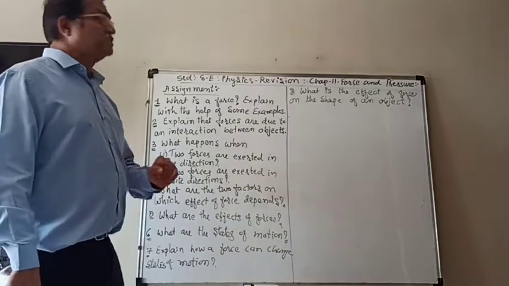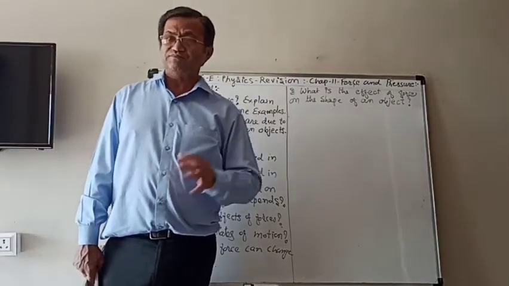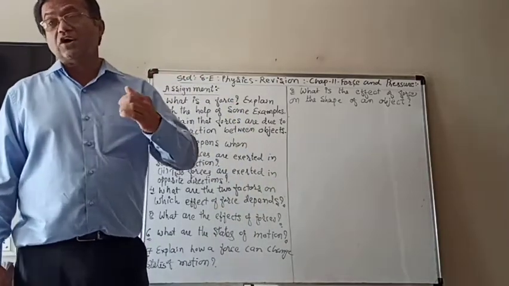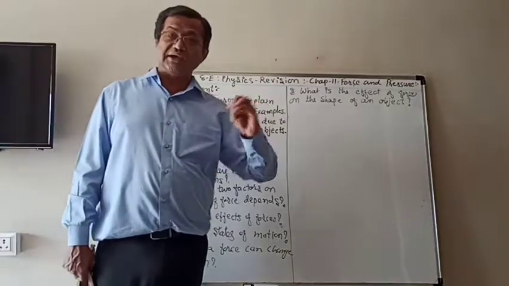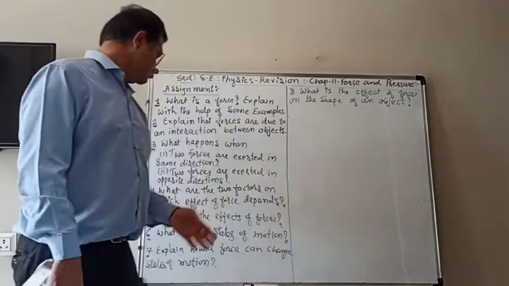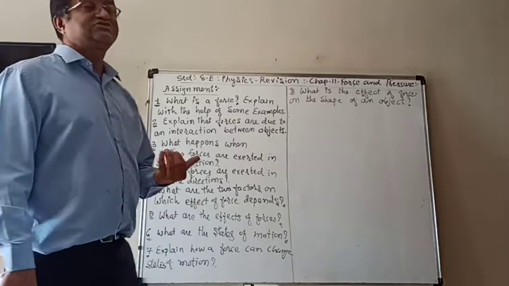What are the states of motion? There are two states of motion. Either it is at rest or it is in motion. Those are called states of motion: either stationary, which means at rest, or in motion. I explained how a force can change the state of motion.